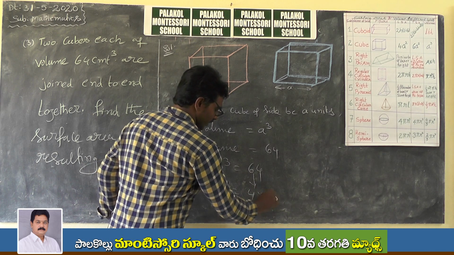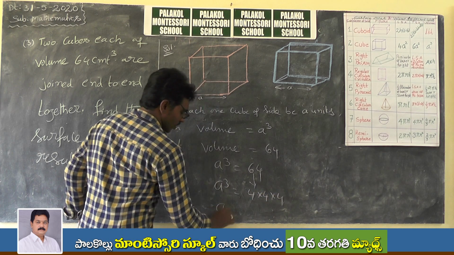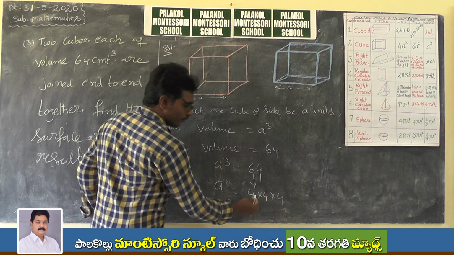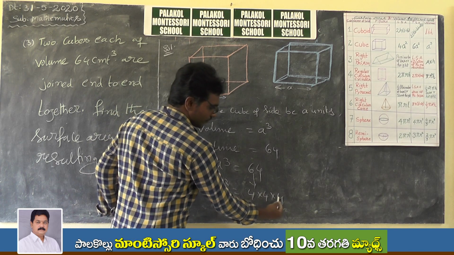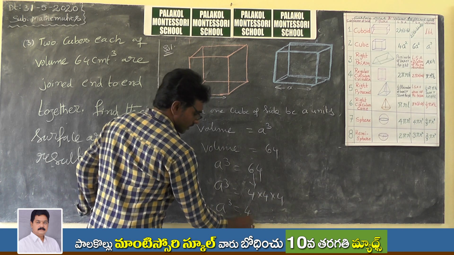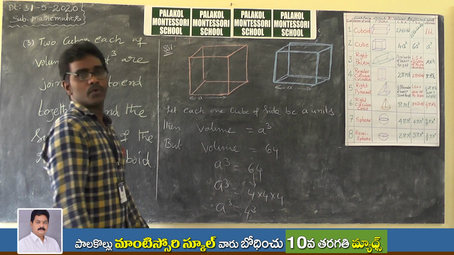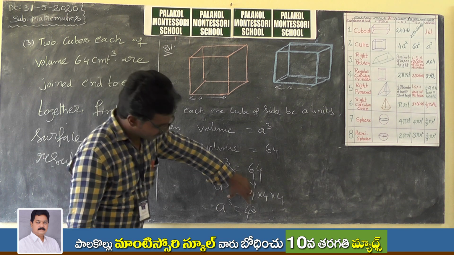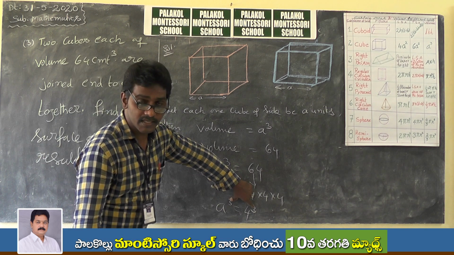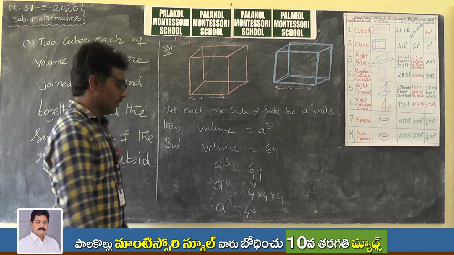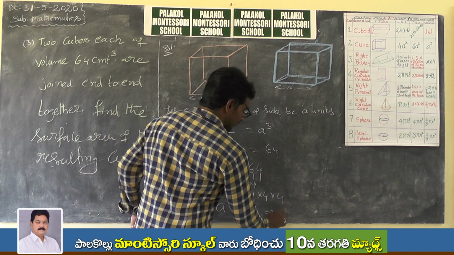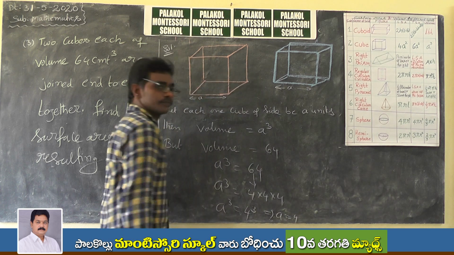How many 4s are there? 4 4s are 16, 16 4s are 64. So simply you write 4 cube. Powers are the same, so you take the bases as equal. So finally A is equal to 4.